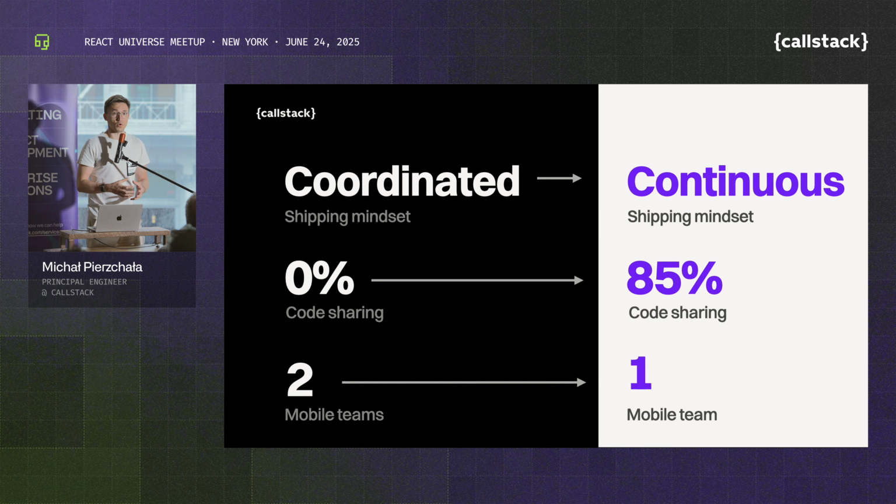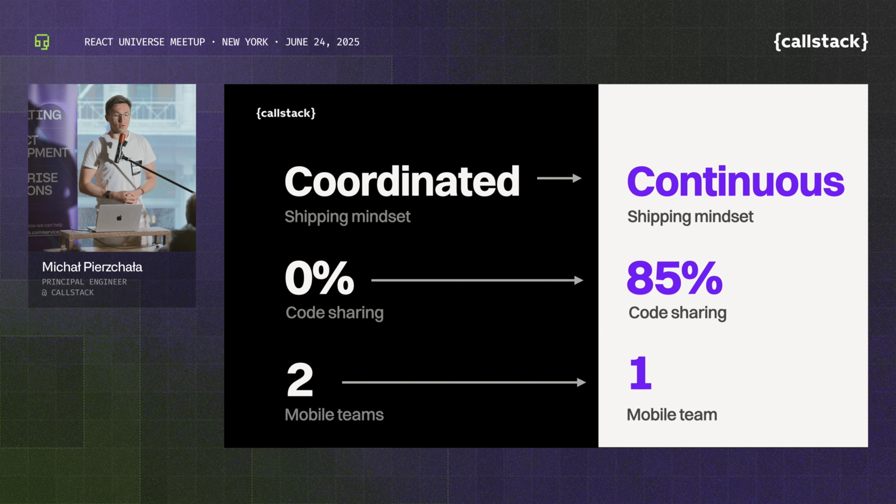Another thing is you can go from zero code sharing between Android and iOS to up to 85 or even 89% of code being shared. These are stats from our clients and from other projects. For example, Shopify is able to share like 80% of their code between iOS and Android applications.